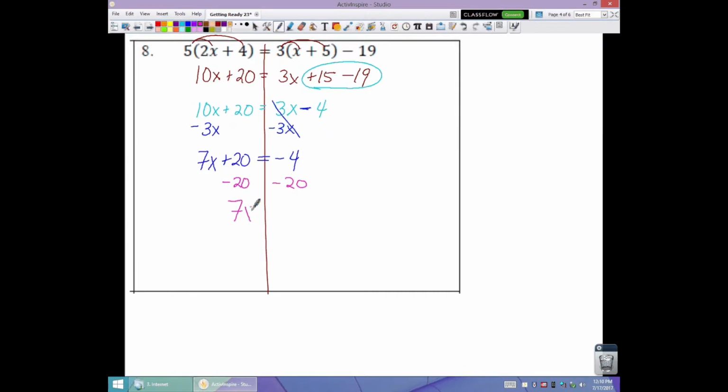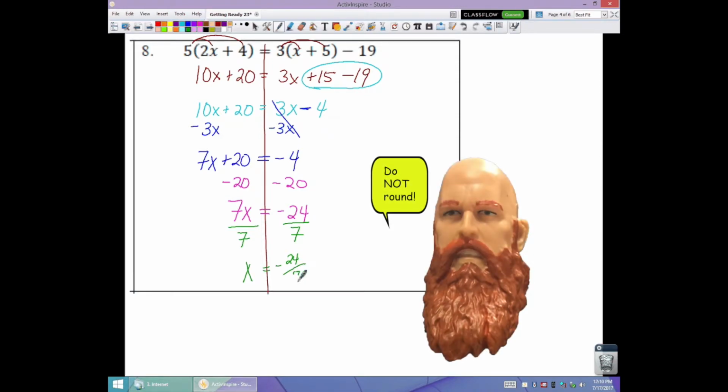So I'm left with 7x is equal to negative 24. To cancel the 7, I divide both sides by 7. And here we are left with a fraction that does not simplify and does not divide into a nice, neat decimal. So we are going to keep this fraction, do not round.